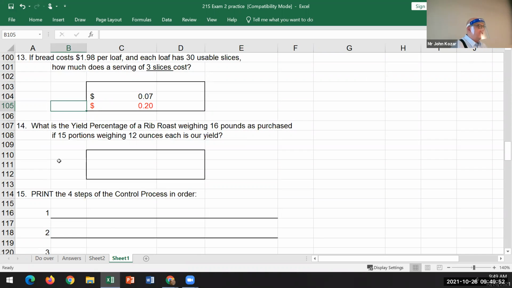Okay, the yield percentage of a rib roast weighing 16 pounds is purchased if we yield 15 portions weighing 12 ounces each.